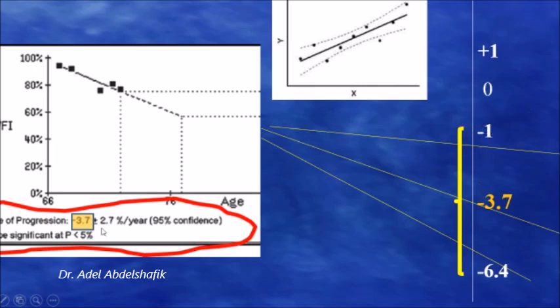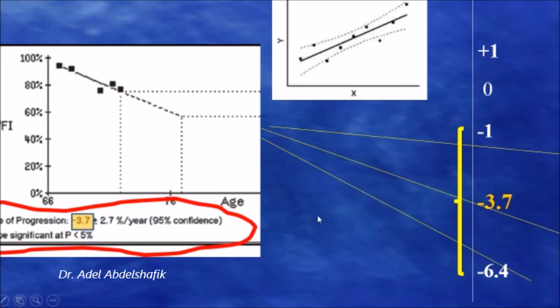If we add minus 2.7, it will be down here to minus 6.4. So the line in this example is this one passing through minus 3.7. But if we repeat the test several times, we are confident that it can be located in any line between minus 1 and minus 6.4. This is the confidence interval for our test.